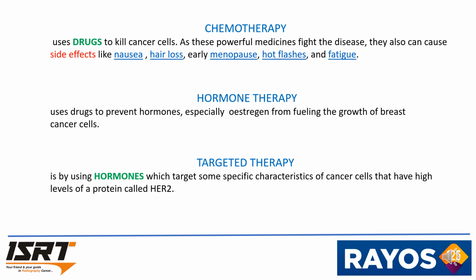Hormone therapy uses drugs to prevent hormones, especially estrogen, from fueling the growth of breast cancer cells. Targeted therapy uses drugs which target specific characteristics of cancer cells that have high levels of a protein called HER2.